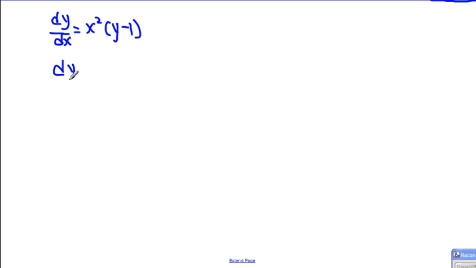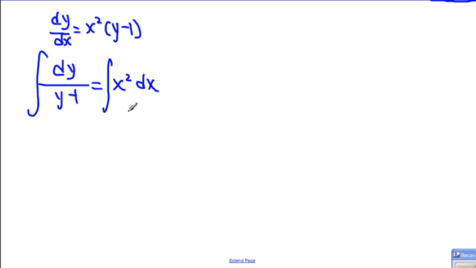So we have dy over y minus 1 equals x squared dx. As you take the integral on each side, here we have ln of y minus 1, and here we have x cubed over 3, and then plus c.